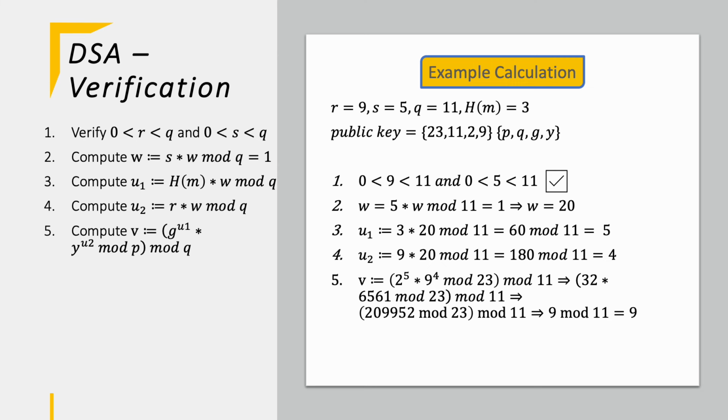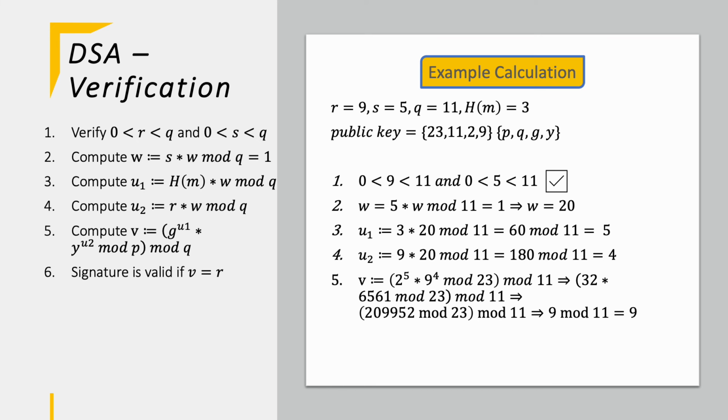So we have 32 times 6,561 modulo 23 modulo 11. If we do the product of this multiplication, we have 209,952 modulo 23 modulo 11. So we have 9 modulo 11, which is essentially 9.